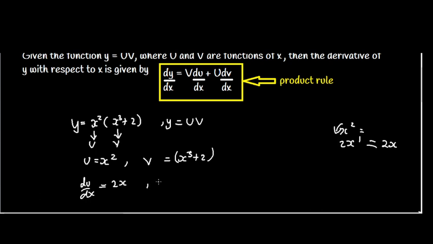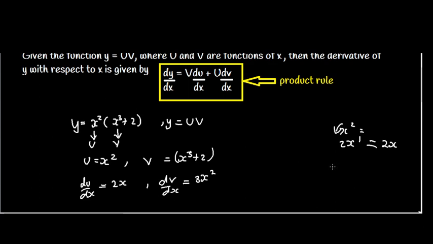Now let's get dv/dx also. We have v as x cubed plus 2. We drop the power on this x to get 3x, and subtracting 1 from the previous power of 3 gives 3x squared. Whenever we differentiate a constant, we get a 0. How do we come to that?